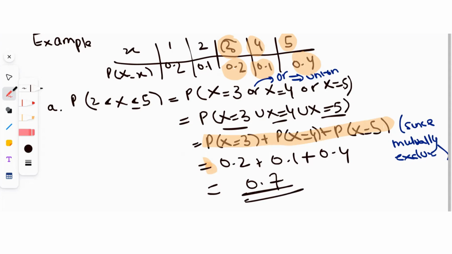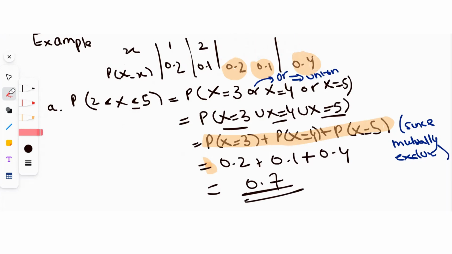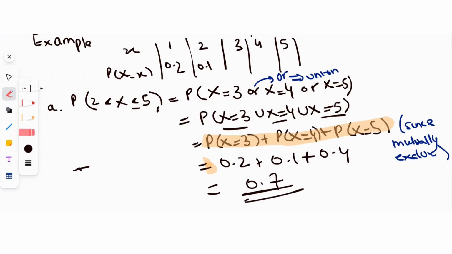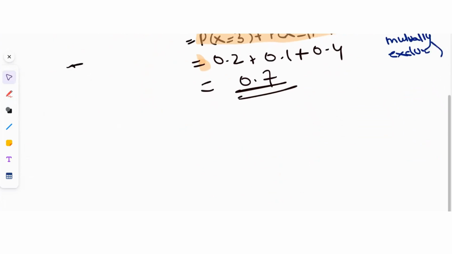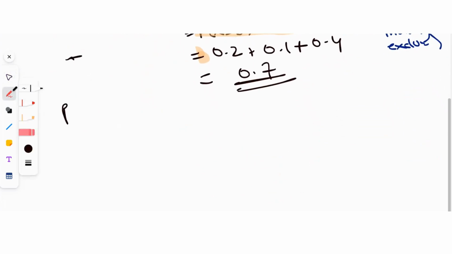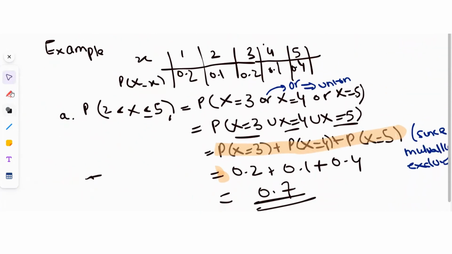So what if now we wanted to find the probability x is greater than 3? Let me clear this much up and write this again. x is 3, 4, 5, so the PMF at 3 is 0.2, at 4 is 0.1, at 5 is 0.4. Now to find the probability x is greater than 3, we can just sum up the PMF for those values of x.